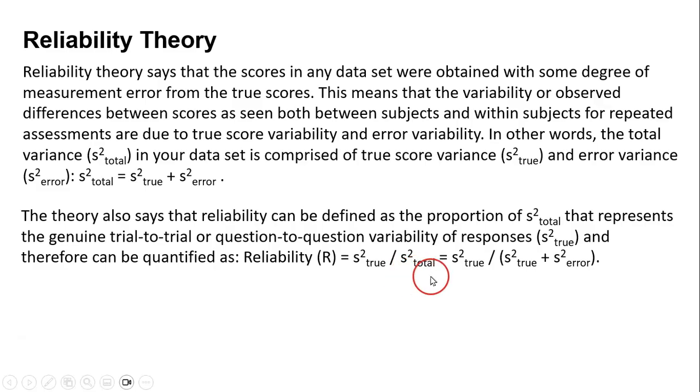Now we know that S total is equal to true plus error, so you could also say that the reliability would be equal to the true variability divided by the true variability plus the error variability.